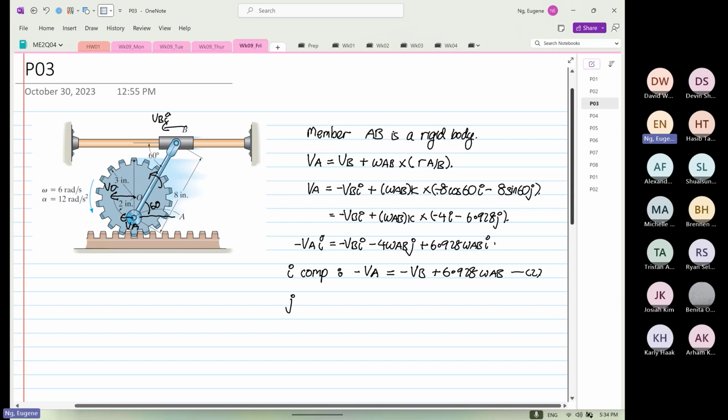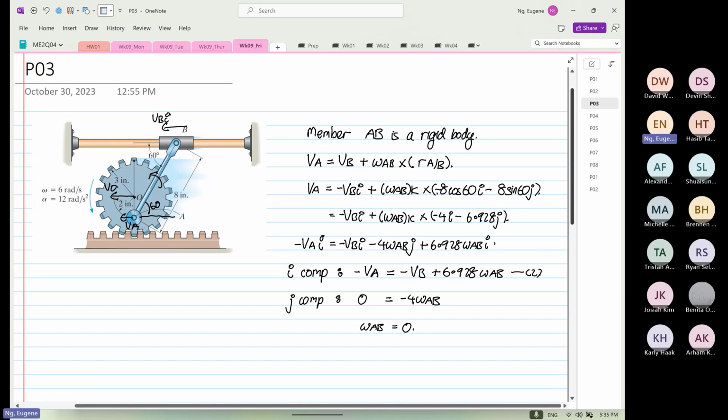So for the J component, do we have a J component? So this is 0. So this is equal to minus 4 omega AB. So from here, we know that omega AB is equal to 0. Okay. Now, we did this.